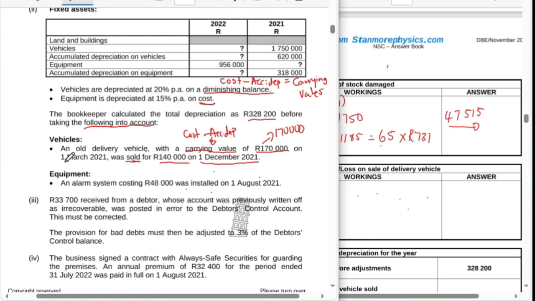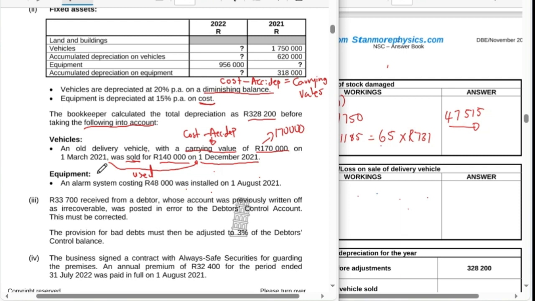But when? 1st of March. So from the 1st of March until the 1st of December 2021, we have been using this vehicle. This vehicle has been used starting when? March, April, May, June, July, August, September, October, November, December.